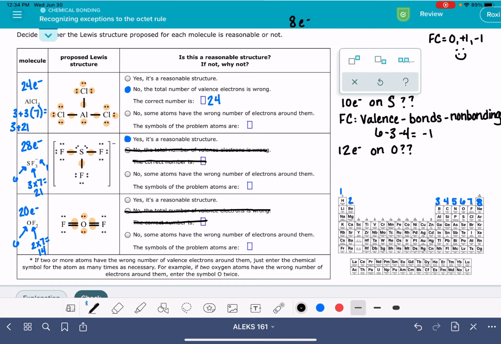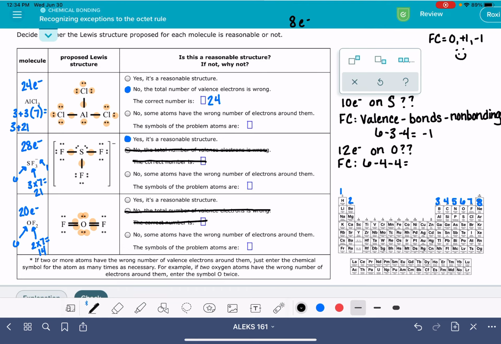We can confirm that by calculating the formal charge, because that's always a double check. The valence electrons for an oxygen atom is 6. This oxygen atom has 4 bonds, and in terms of non-bonding electrons, 4 non-bonding electrons.